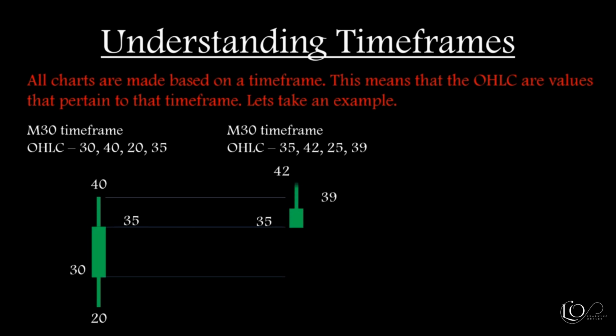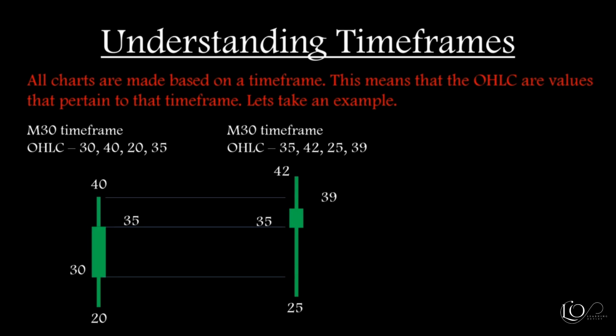The high is higher than the previous candle, which was at 40, because this one is at 42. And then we have a lower wick, which pushes prices down to 25, and then prices move back upwards. So our 25 is lower than the 30 and above the 20. So this is what the second candle in the M30 time frame chart would look like.